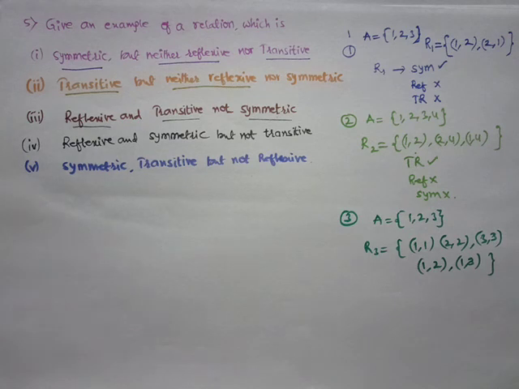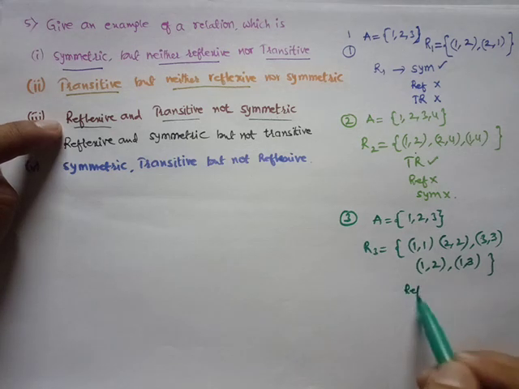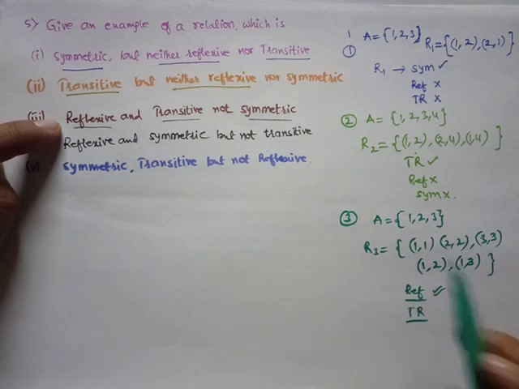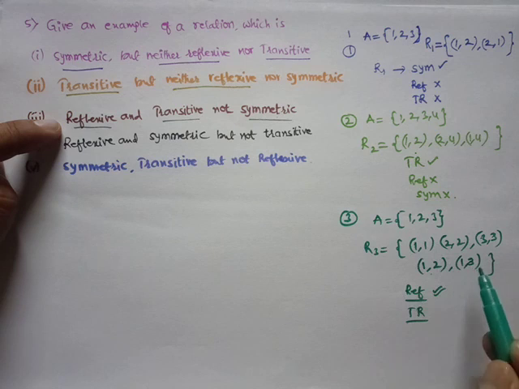Now we'll check all the conditions. Is it reflexive? Yes, because (1, 1), (2, 2), (3, 3) are present. Is it transitive? (1, 1) and (1, 2) are present, then again (1, 2) is present; same with (1, 1), (1, 3) giving (1, 3), so it is transitive.